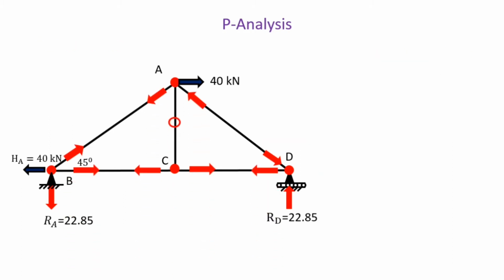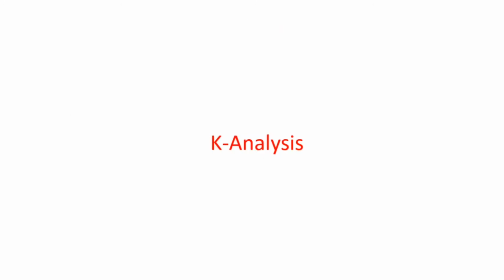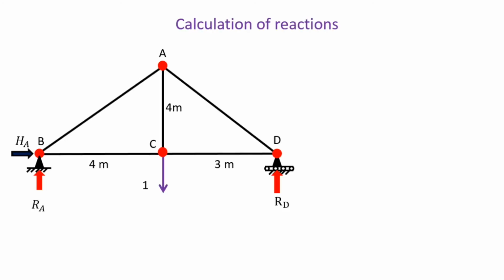Then these are the directions of the forces in the members due to the applied load, and these are the magnitudes of the forces. The next step is the K analysis, that is member forces due to the unit load at the redundant. So here we are treating this reaction as our redundant.